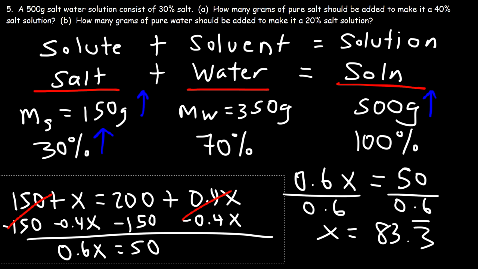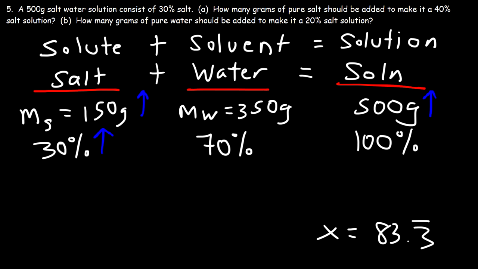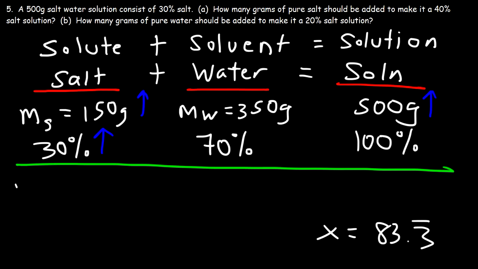Now let's check to see if our answer makes sense. So we're going to increase the amount of salt in the solution by 83.3 grams. So let me separate the old data from the new data. The new mass of the solute is going to be 150 plus 83.3. So this is a rounded answer.